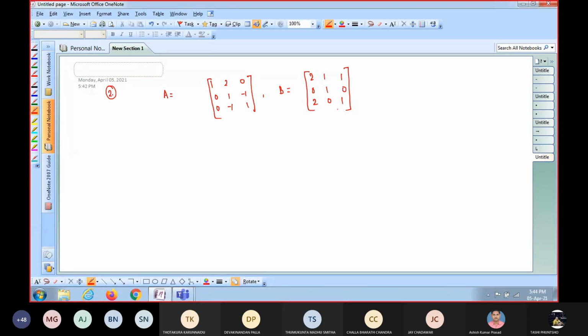Similarly, see here where eigenvalues help, suppose I write A as 2, 1, 4, 0, 2, 3, 0, 0, and B is 1 0 0, minus 1 4 0, 2 3 4.